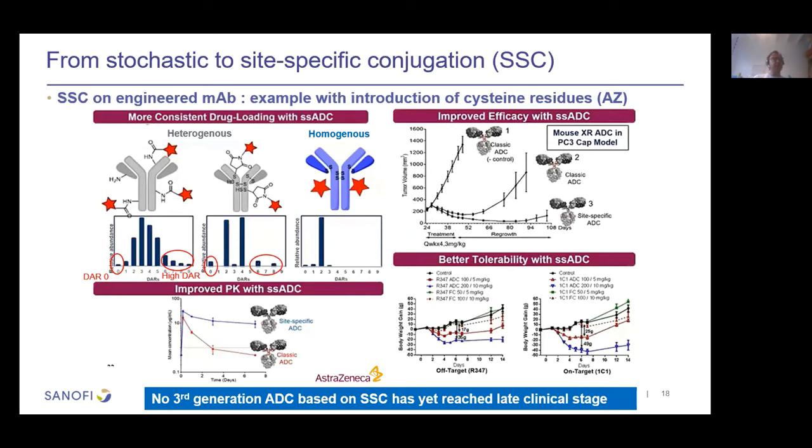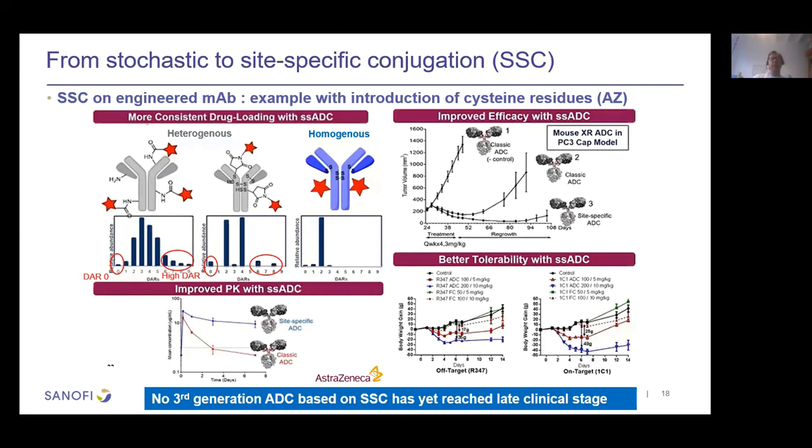As you can see on the various graphs, when you compare with the conventional methods, that means stochastic conjugation to lysine, there is really a homogeneous ADC, a uniform composition, and it leads to improved PK, improved efficacy, improved tolerability, and overall an increased therapeutic index.